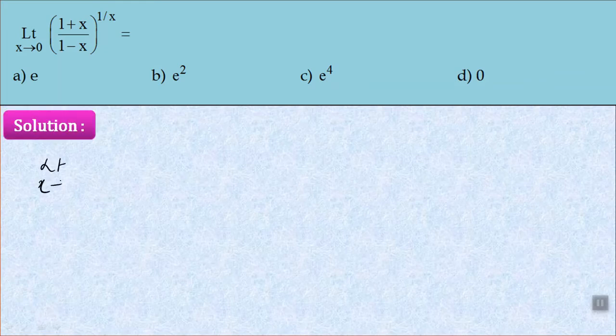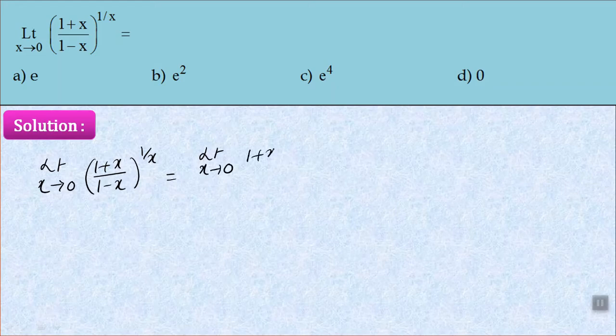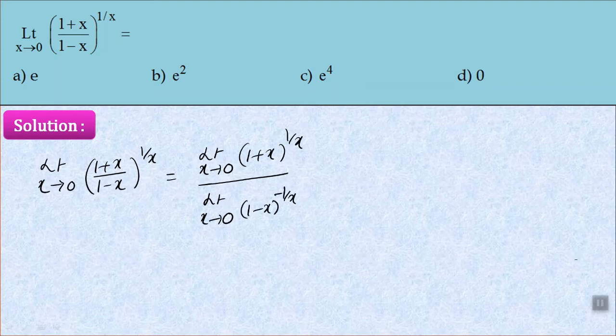Limit x tends to 0, ((1 plus x) divided by (1 minus x)) whole power 1 by x is equals to. Here applying the limit, limit x tends to 0, (1 plus x) whole power 1 by x divided by limit x tends to 0, (1 minus x) whole power 1 by x, which can be written as (1 minus x) whole power minus 1 by x, whole inverse.